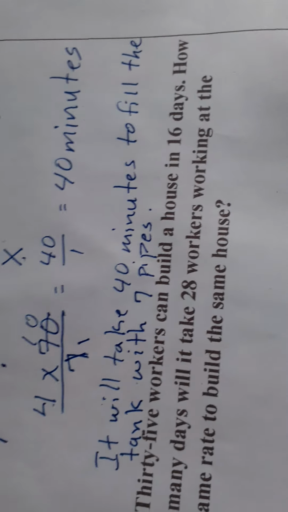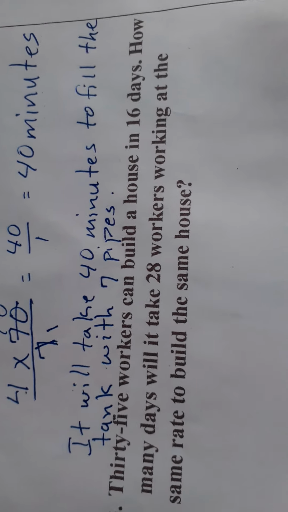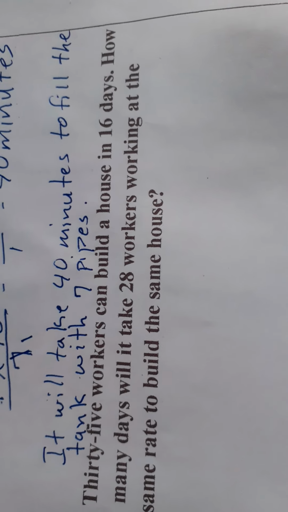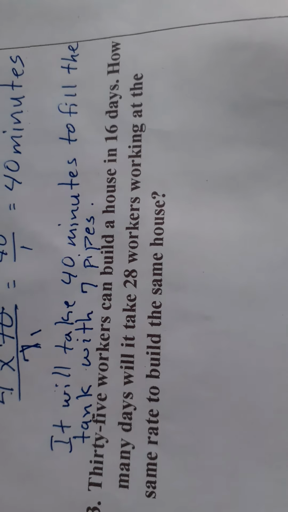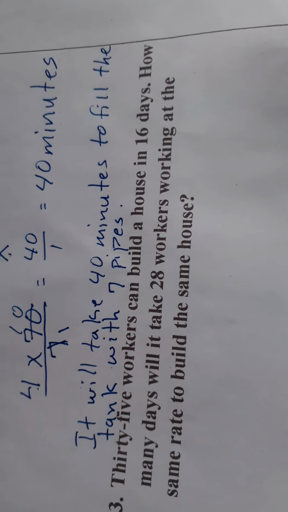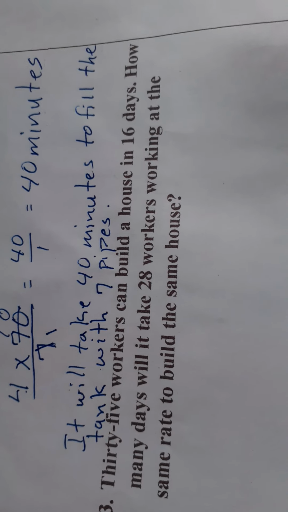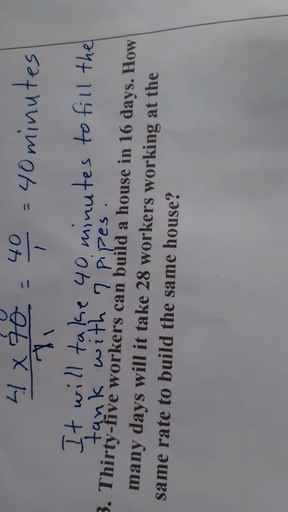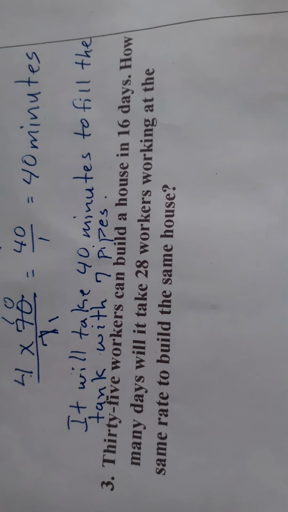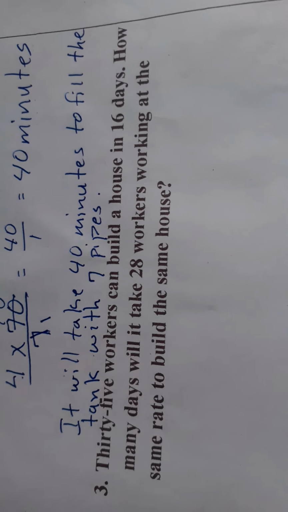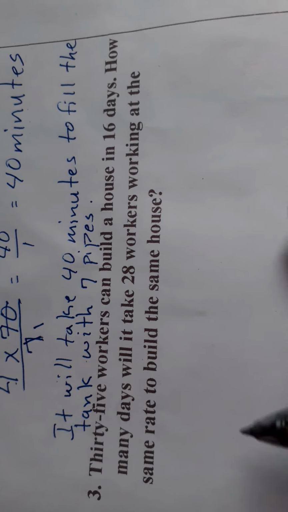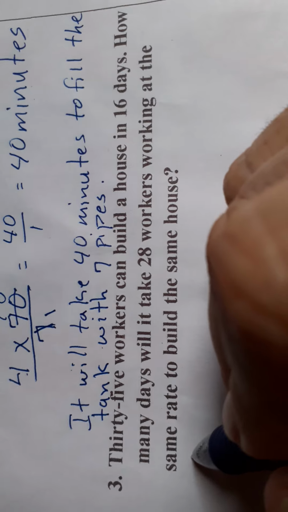The third example, I hope you are understanding. It says 35 workers can build a house in 16 days. How many days will it take 28 workers working at the same rate to build the same house? Now, do you think it will take more time, more days, or less days? All right, so it's talking about workers.